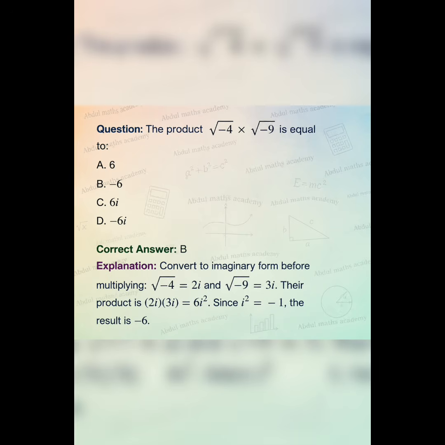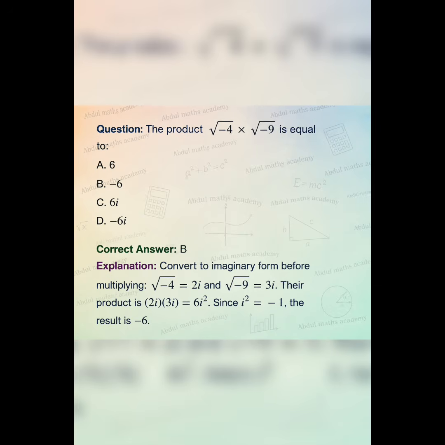The next MCQ is the product of root of minus 4 multiplied by root of minus 9 is. As the value in the root is negative, root of minus 4 can be written as iota 2 or 2 iota, because minus 4 can be written as minus 1 into 4 whole square root.